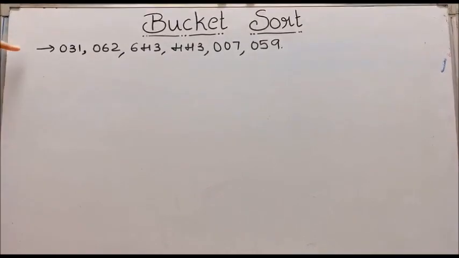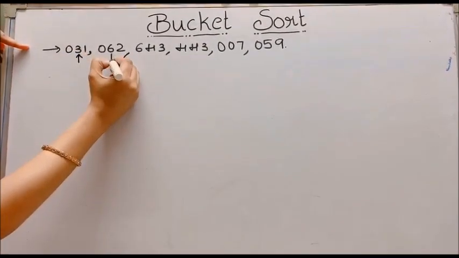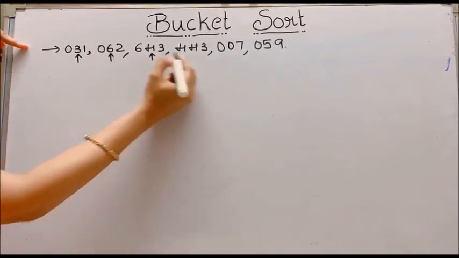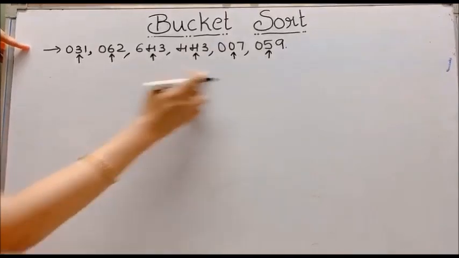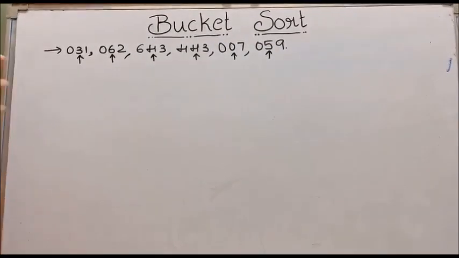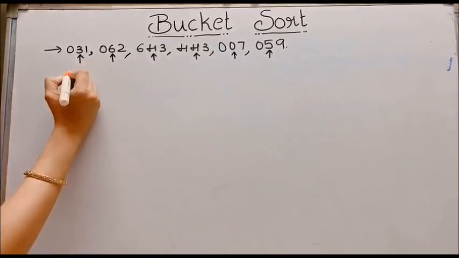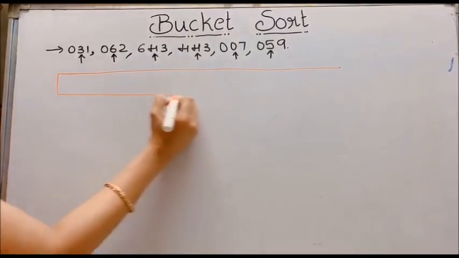For this iteration, we will consider the second digit from the right-hand side. These are the second digits. Based on these second digits, we will store the numbers in their respective buckets. Now, let us take the buckets ranging from 0 to 9.